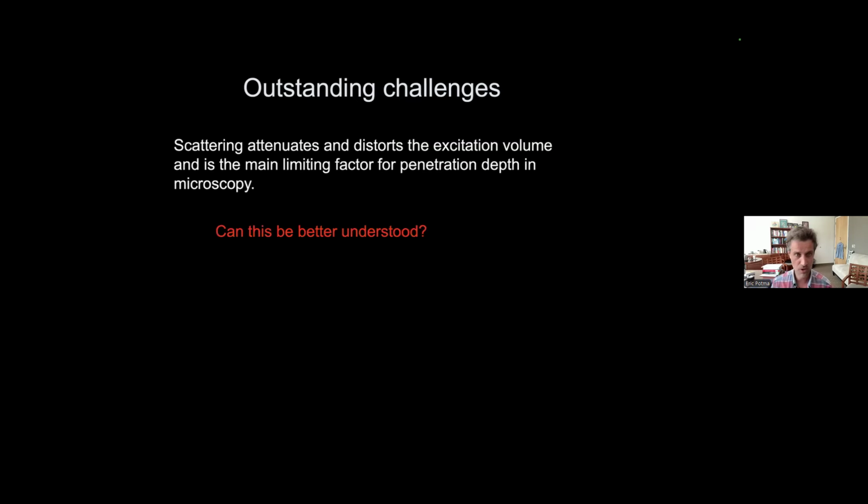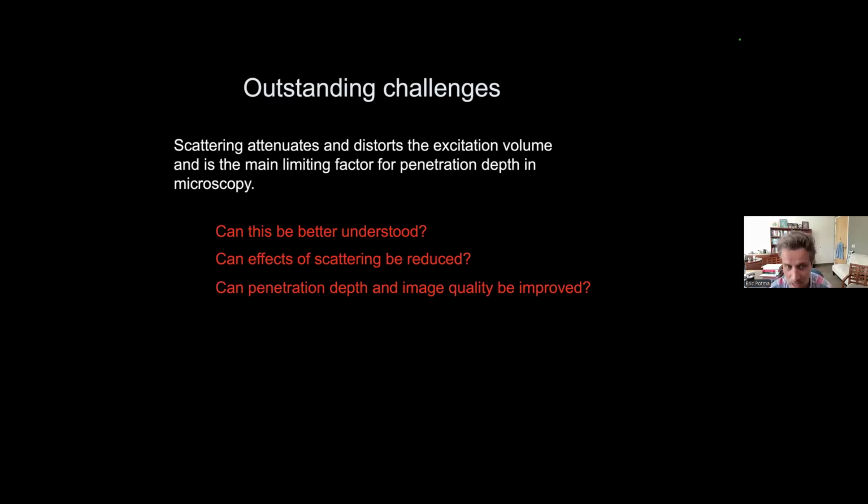So we would love to overcome that. One thing is that we need to better understand exactly what structures contribute to this scattering effect, and can we reduce it some way, somehow? We have to be smart about it. And can we increase the penetration depth, thereby improving image quality?